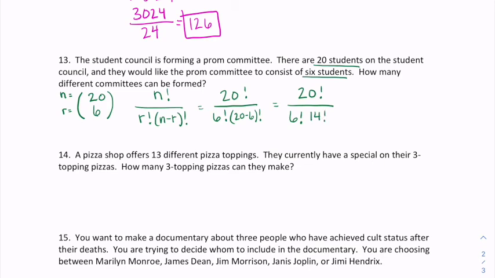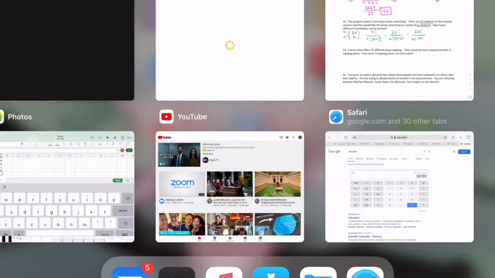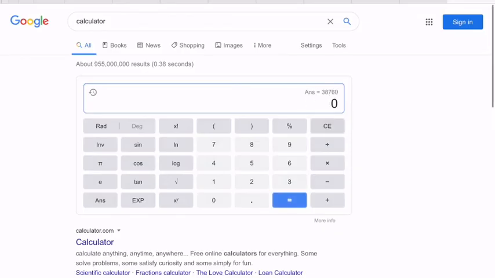Now I can simplify this by hand, but I'm going to just go ahead and type it into my calculator. So I open up my Google calculator, and I have 20 factorial divided by 6 factorial times 14 factorial.